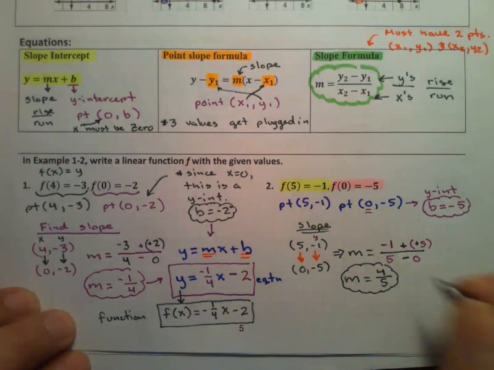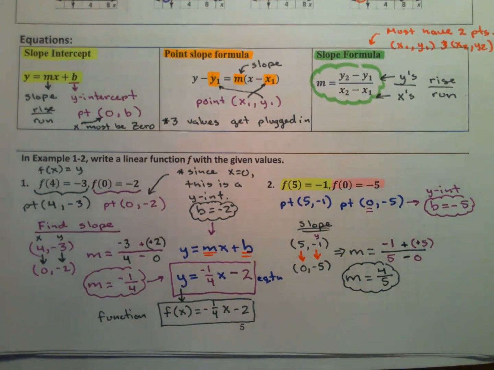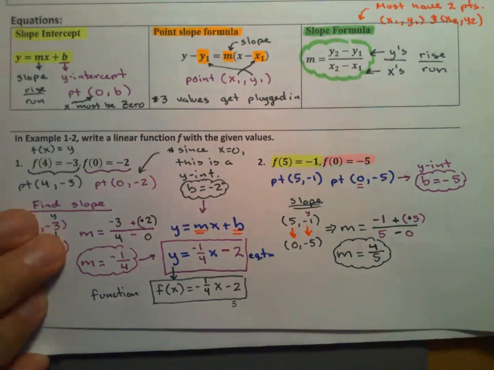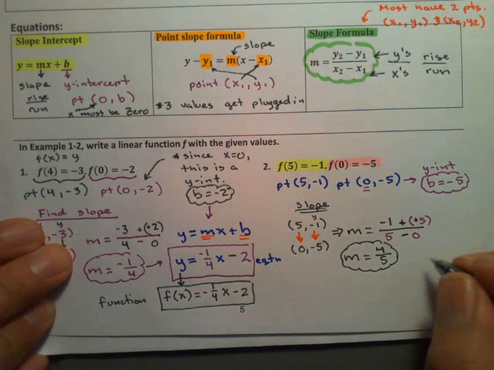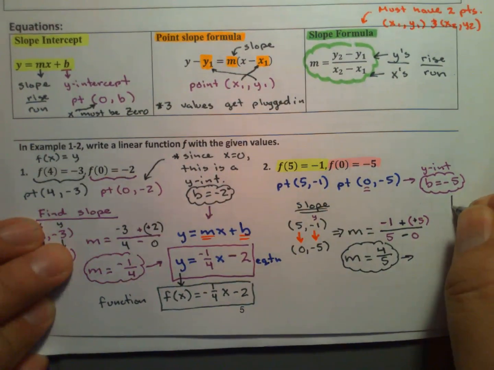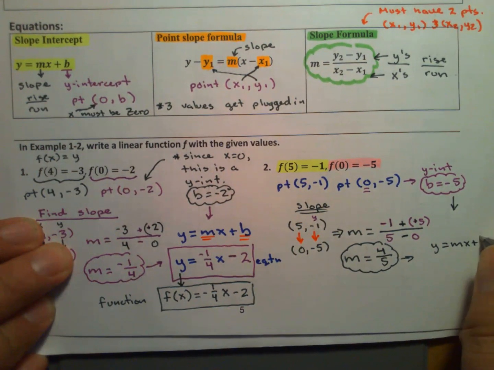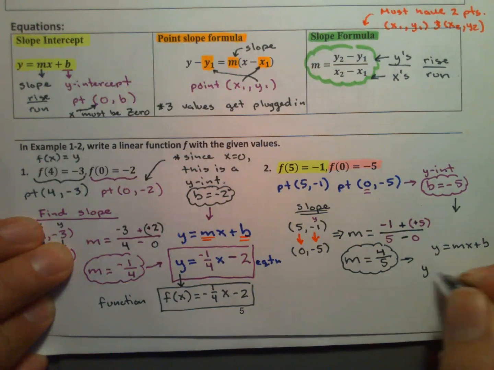We have everything we need now to create our equation of a line. Remember, I'm creating the equation first, and then just a little fix, and it's going to become a function. All right, so here we go. My equation, right? I have everything I need here. y is equal to mx plus b. The y is here.